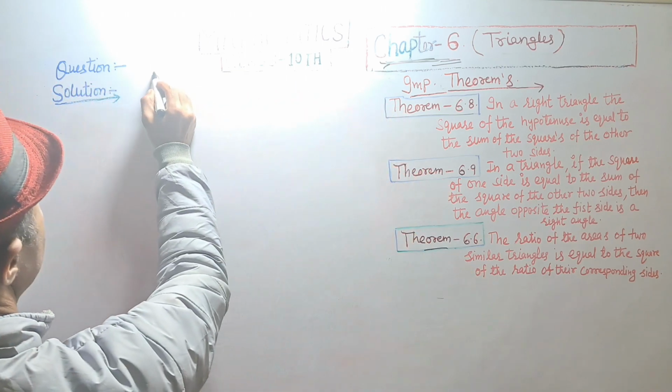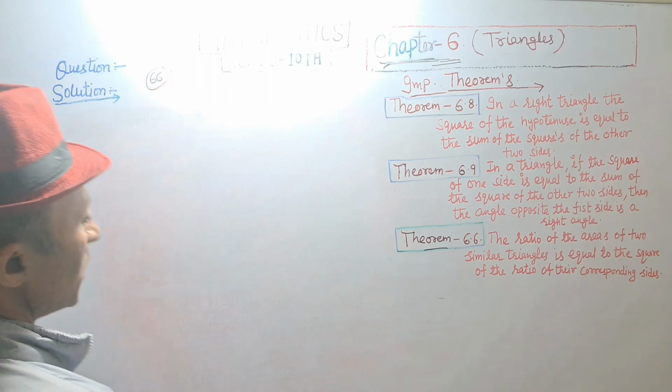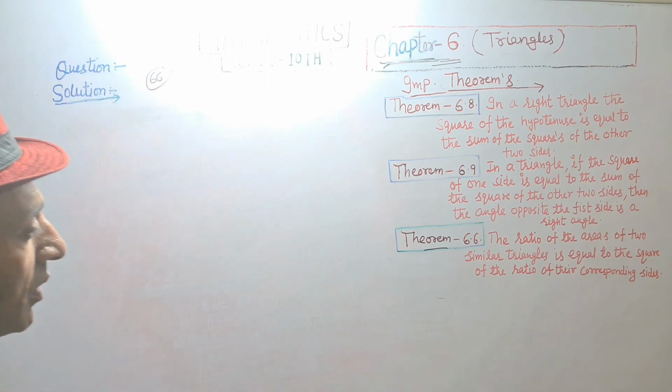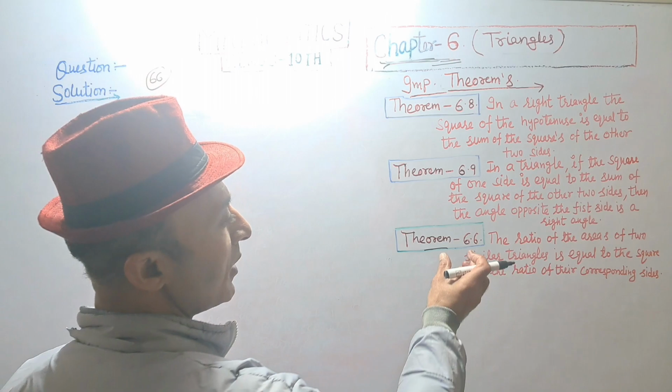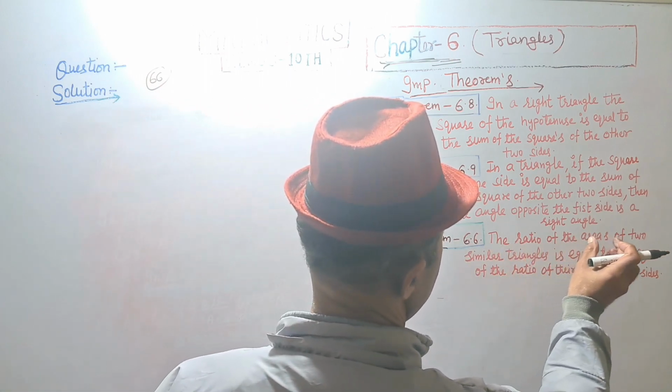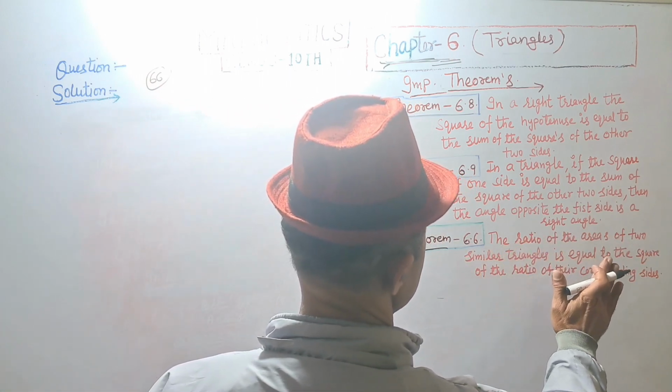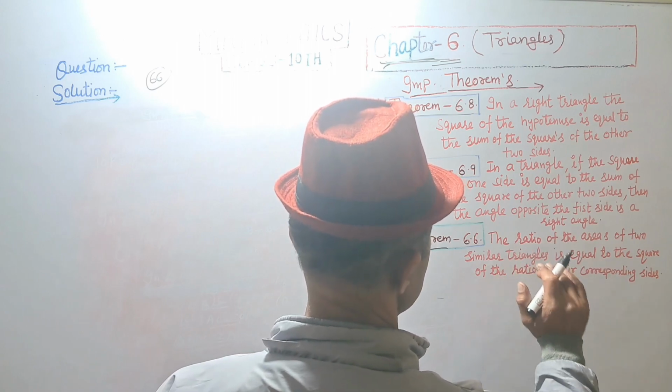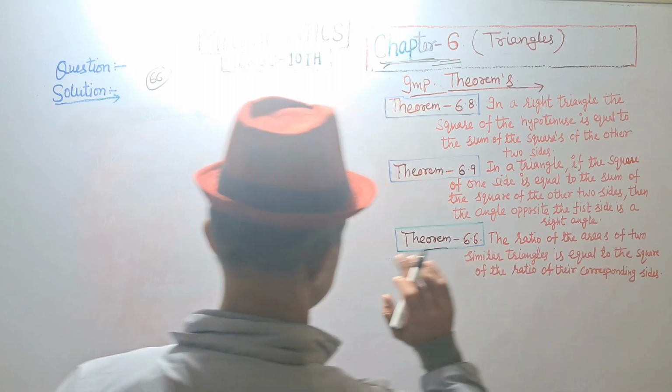Theorem number 6.6, areas of similar triangles. The ratio of the areas of two similar triangles is equal to the squares of the ratios of their corresponding sides.